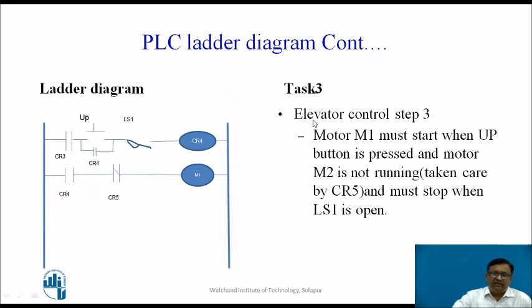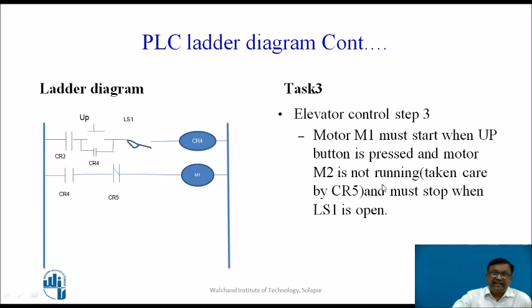Here we look at elevator control step 3, that is motor M1 must start when the up button is pressed and motor M2 is not running. See here, when I push the up button, the object is moved upward by motor M1, but at that time motor M2 should not be on because the object must not be going downward.